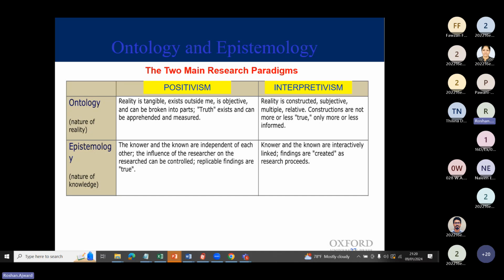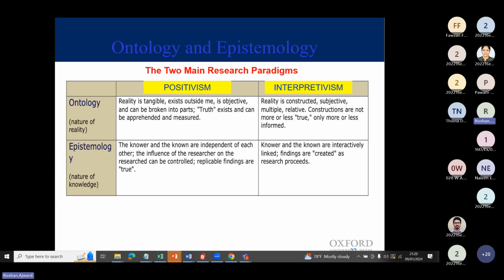Then I taught you the 5 types of research design. What are the 5 types? Experimental, cross-sectional, longitudinal, case study, and comparative case study.